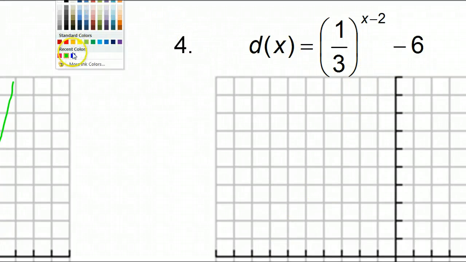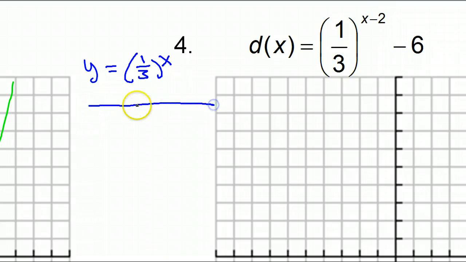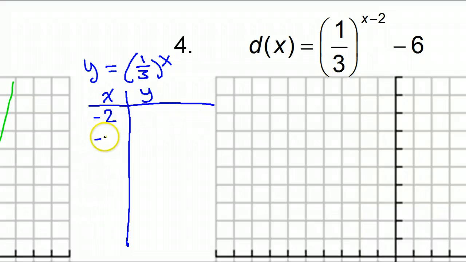I'm about to make a table of values for the parent function, which would be y equals 1/3 to the x power. That would be the parent function before these transformations happen. So one more time, here comes my table of values. Okay, x, y. And one more time, I will use -2, -1, 0, 1, and 2.